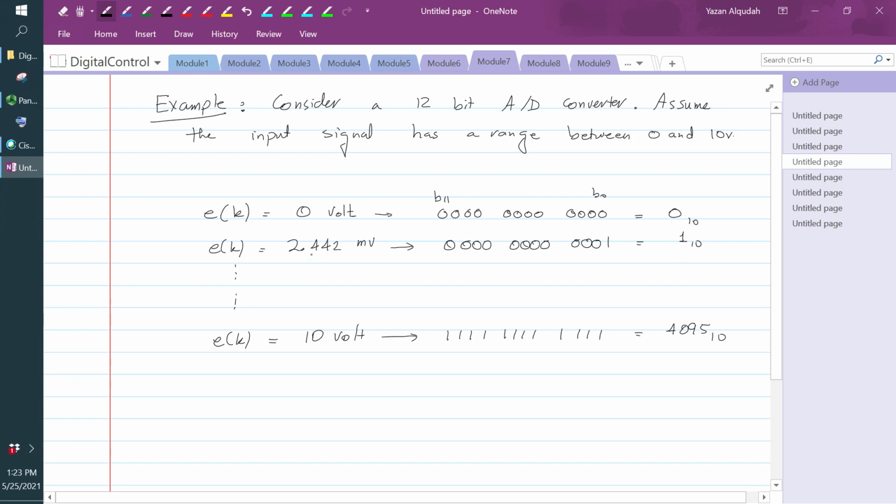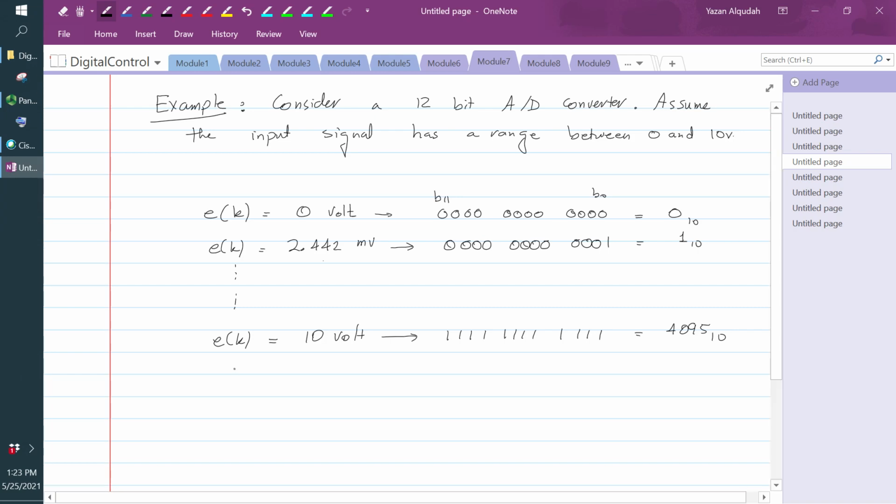Now what happens if I get a signal in the range between 0 and 2.44? I'm going to round it to the lower value, which is a 0. And therefore, if the input is a 0, I'm assigning it a 0. If the input is between 0 and 2.44 millivolt, I'm still assigning it a 0. And that results in that loss of information.